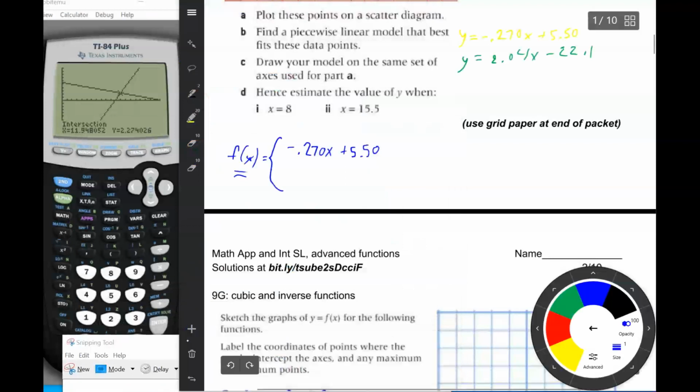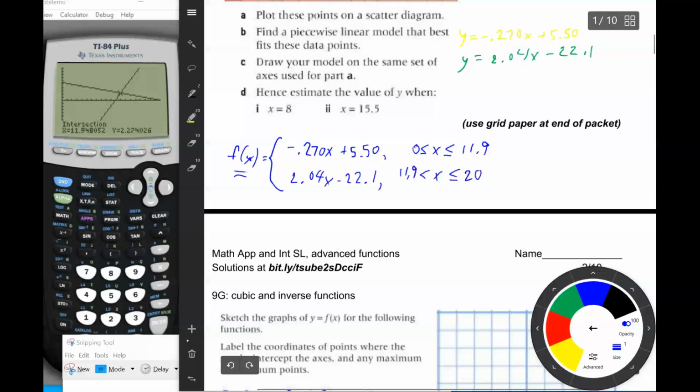So we'll say when x is between 0 and 11.9, and then it's equal to the green function when x is between 11.9 and I think like 20, right?